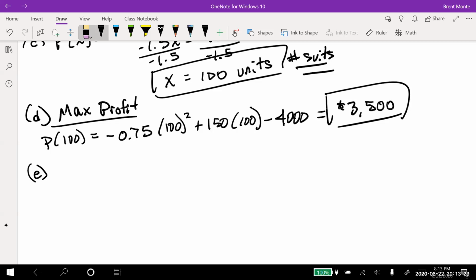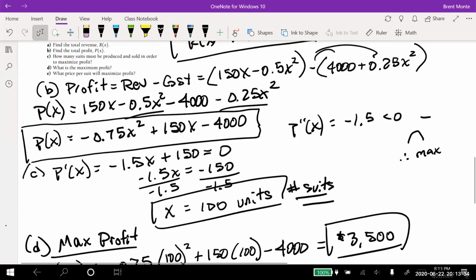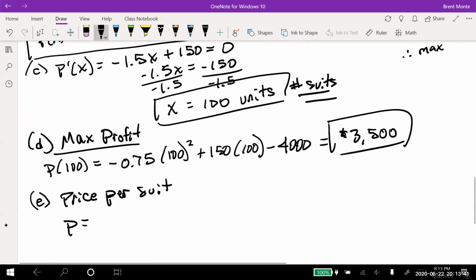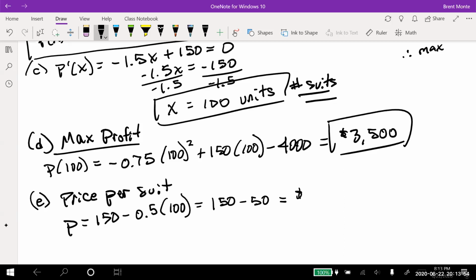E says price per suit. Well, that was my P function, way back up here. They gave us that. My price per suit is 150 minus 0.5x. So it's 150 minus 0.5, well, x was 100. So it's 150 minus 50, which is $100 per suit.